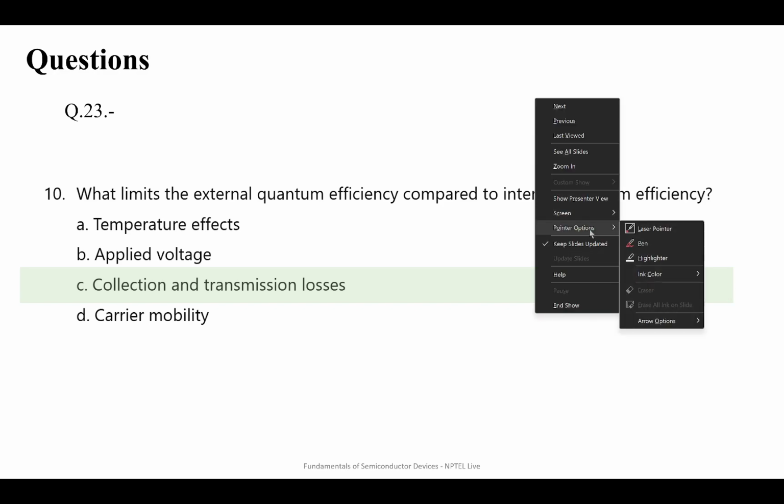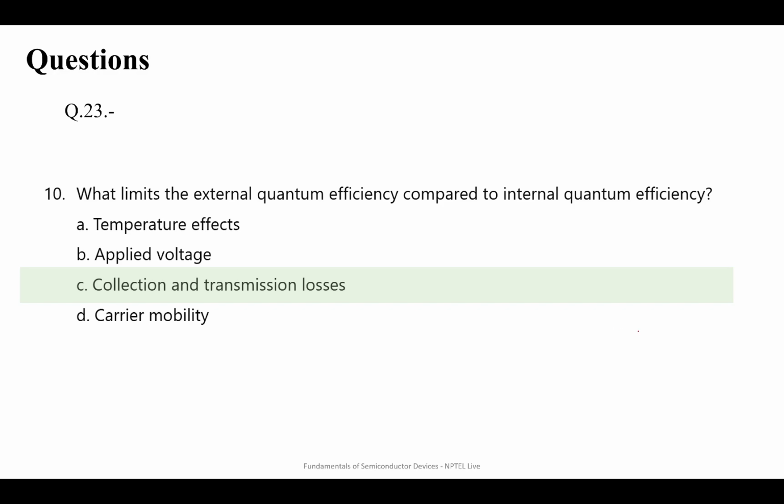So this is, let's say, my device. This is my P region. This is my N region. There is some depletion region between. Here I am taking the output from the P region.